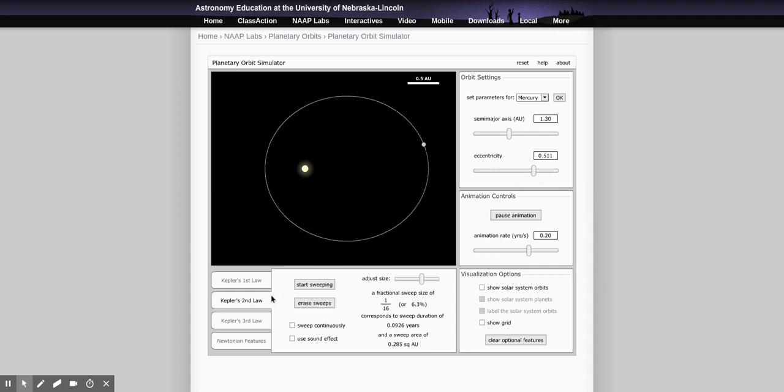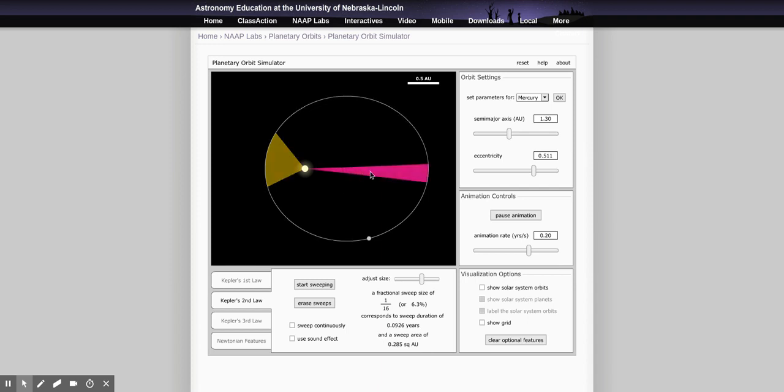Kepler's second law is often described in terms of the area swept out by a planet. I can do this kind of cool sweeping. When the planet is close to the star, I can sweep out an area over a certain interval of time. And when the planet is very far away, that same interval of time will produce an area that is the same.